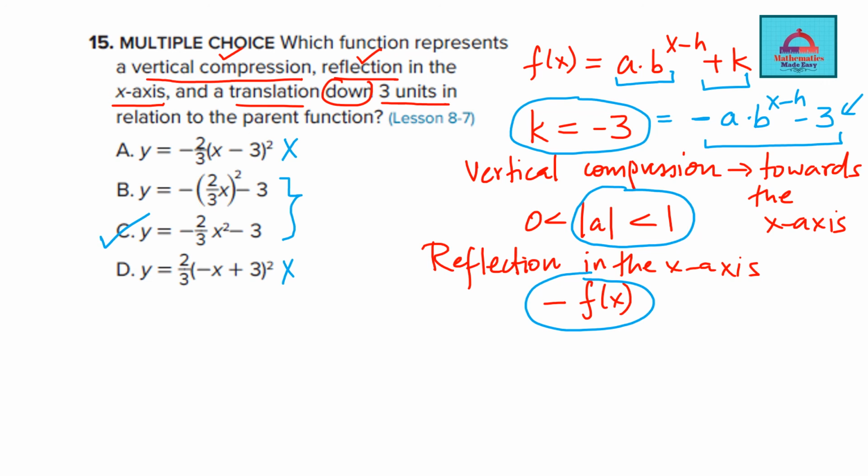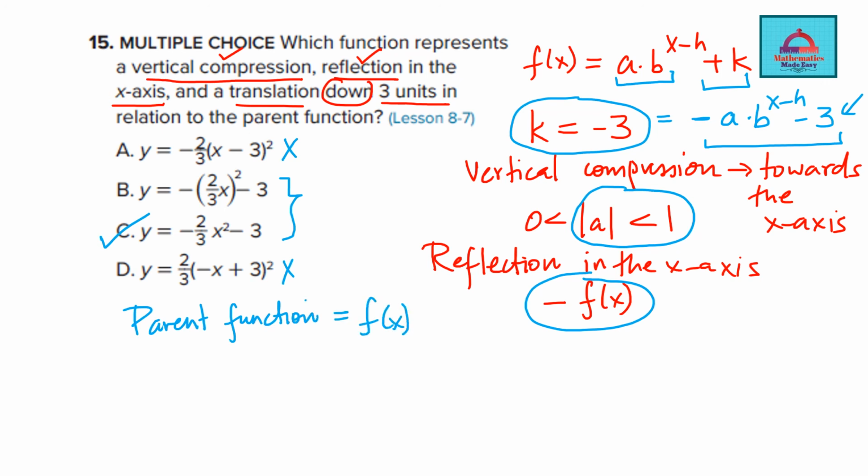If you ask me why this is not the correct answer, then my reason is because in this case 2/3 is inside the bracket and you are having square of it. So the value will exceed, it will not match the parent function. So the parent function that we have taken in this question is the standard function.